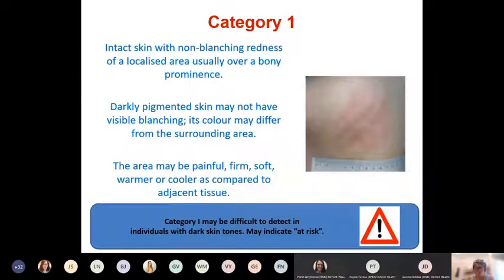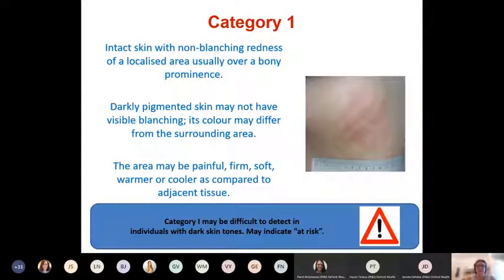It's like, it's not category 1. Category 1 is non-blanching. That's not to say that erythema over a bony prominence isn't a problem. It is, and you need to be observing how long it takes for that erythema to go away. It's a warning sign, you know, the react to red thing.